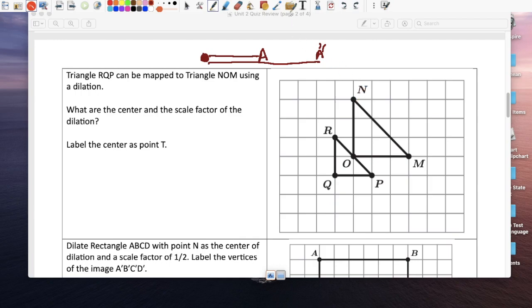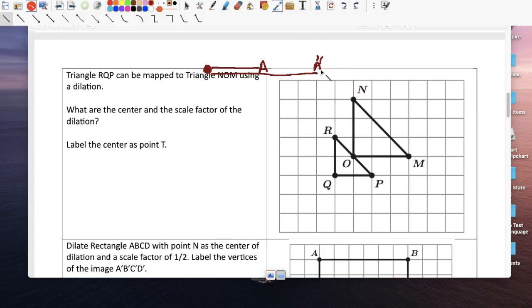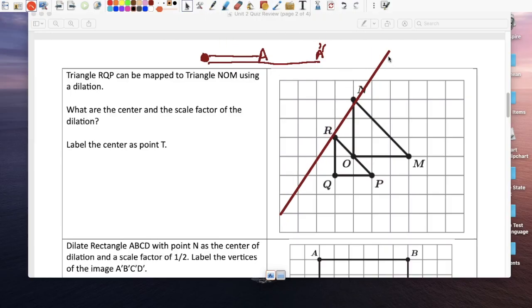Let me draw a line from, because these two triangles were dilated. So obviously, point R, exaggerate a little bit. Make sure they're on the circle. Make sure this is on the circle. There. No, not there. There. No, not there. Okay.